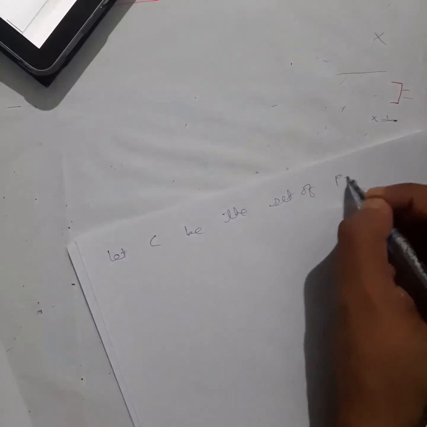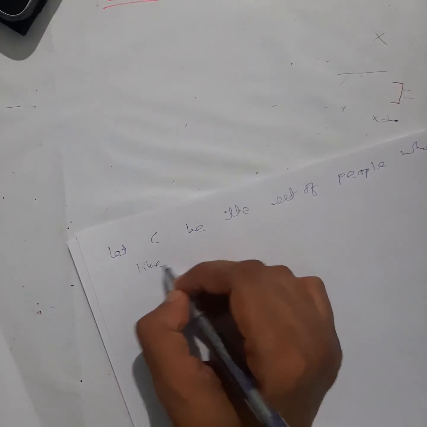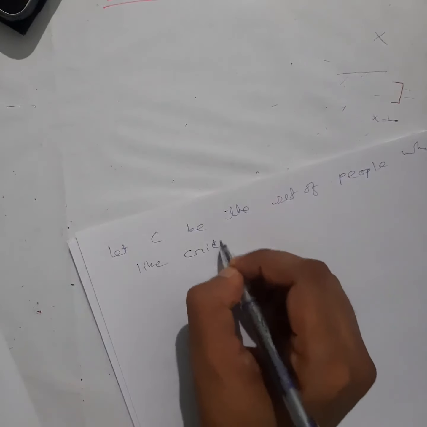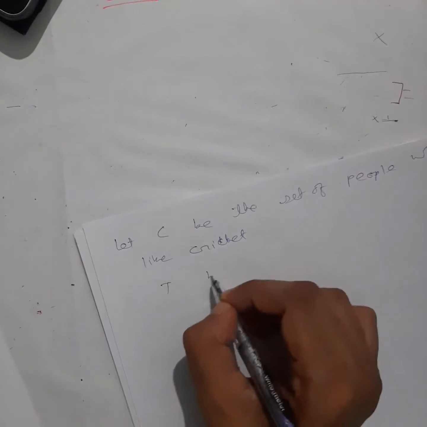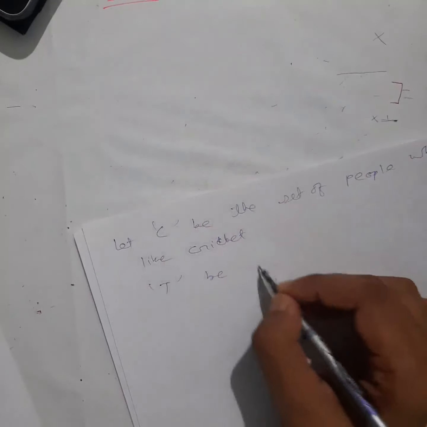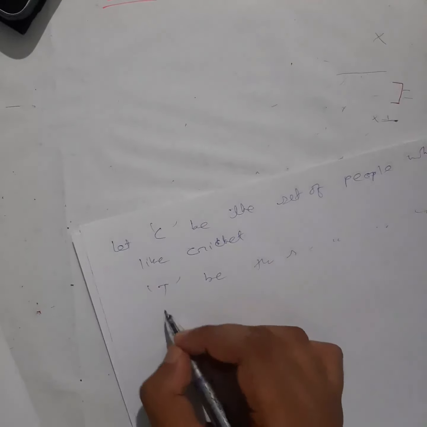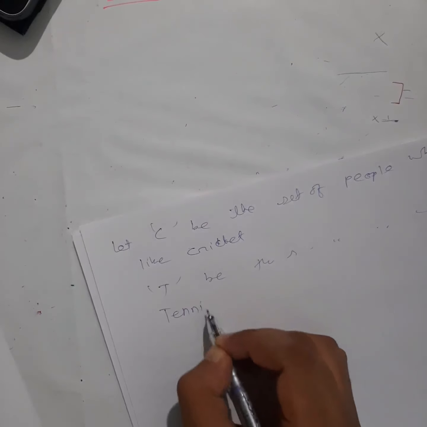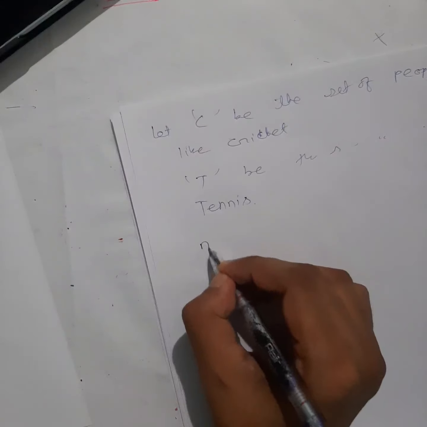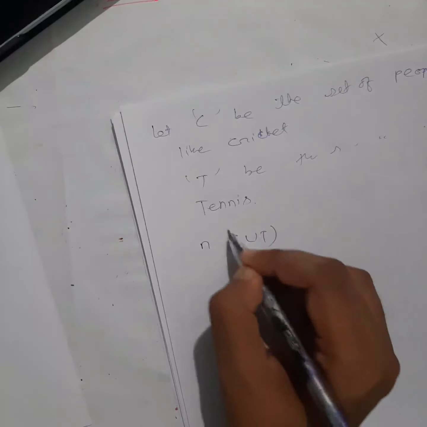Let C be the set of people who like cricket. T be the set of people who like tennis. You just write down that. So what according to the question have they given? C union T is given.